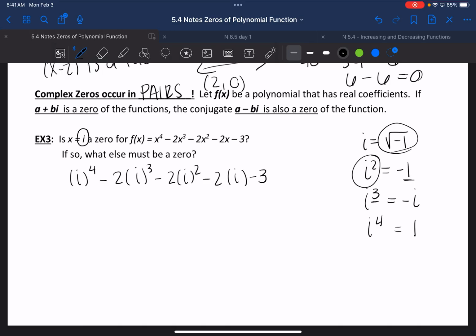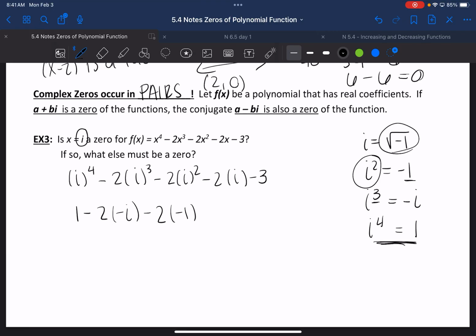Okay, so i to the 4th, well, apparently I can replace that with 1, right? Minus 2 times i cubed, and we said we could replace i cubed with -i. Minus 2 times i squared, which we said we can replace i squared with -1.